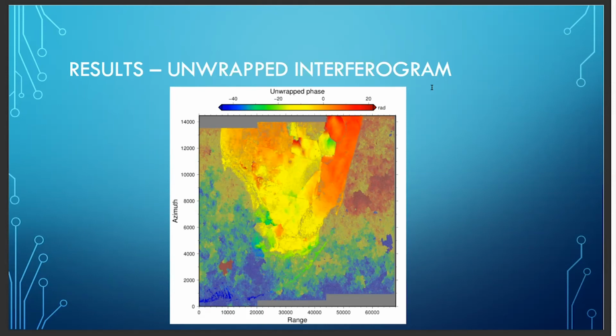It's always 2 pi. So you could uniquely unwrap all this with a big stack. That's what Eric's been using, but this would be a great example.